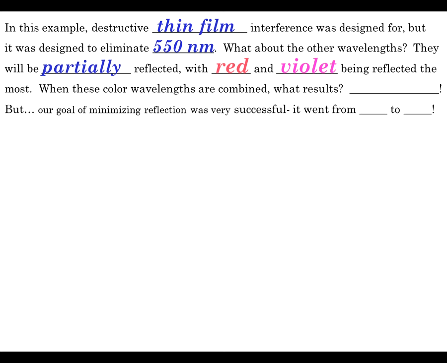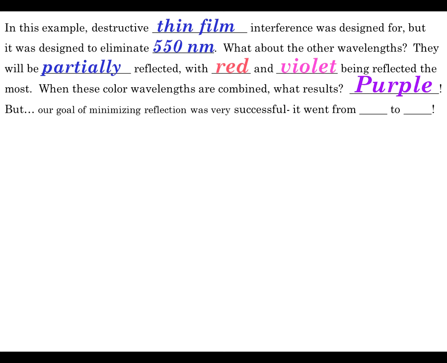And when those 2 extremes of the visible spectrum are combined, we get purple, which is kind of interesting because you will often see when you look at the coating of a lens, you might see what looks like purple.